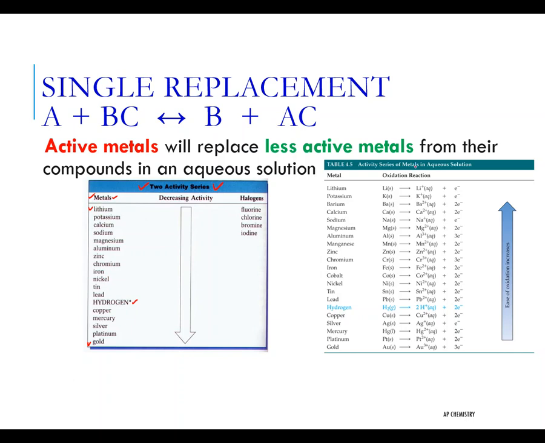However, for AP purposes, we're going to start looking at it from a redox perspective. And here they give you the oxidation half reactions. Now, in your book, they're going to be listed as reduction potentials, where they're showing the reduction potentials and how much electricity, you know, can be conducted with those half reactions. But it still follows the same pattern. The most reactive, the one that can be most oxidized, will be at the top.